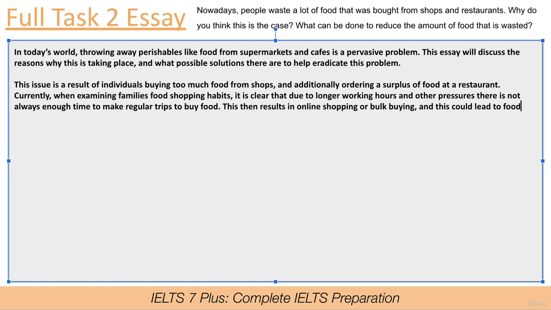Let's address online shopping actually first. This could lead to food being replaced in an order through the internet and perhaps not being used. So we get the replacements, and then we might not, well, we didn't order this, so it just doesn't get used.